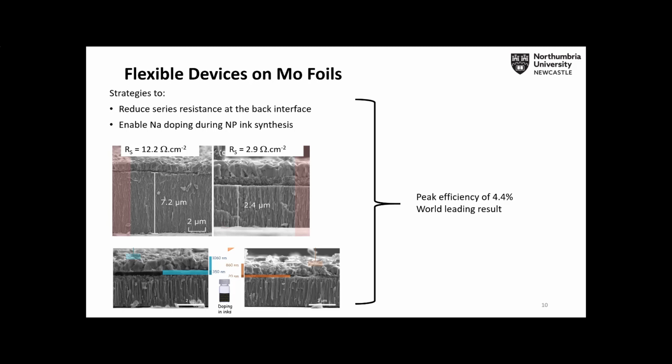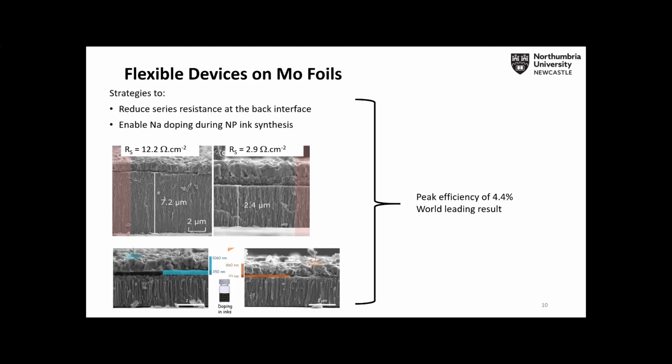So the first part of the work, we spent some time understanding how we can reduce series resistance in our devices, which was caused at the interface and the excess selenium consumption into the molybdenum foil. We managed to do that by applying a thin evaporated molybdenum film, and that was fairly successful.